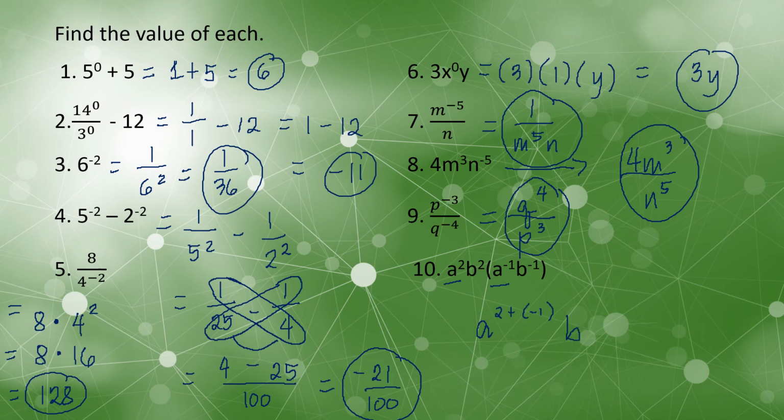And then for b, we have b raised to the sum of the exponents also, 2 plus negative 1. So we have a raised to the first power, b raised to the first power. Simplify. If the exponent is 1, we no longer write 1. So it is simply AB.